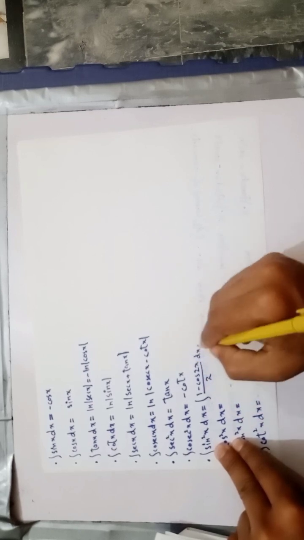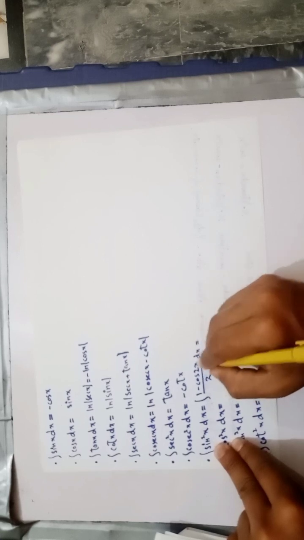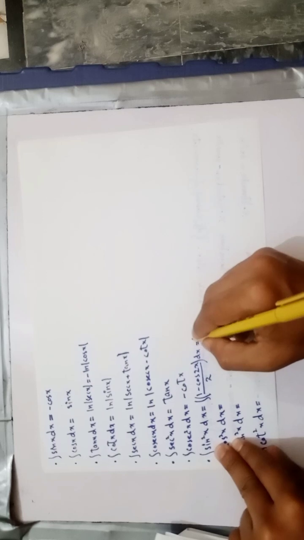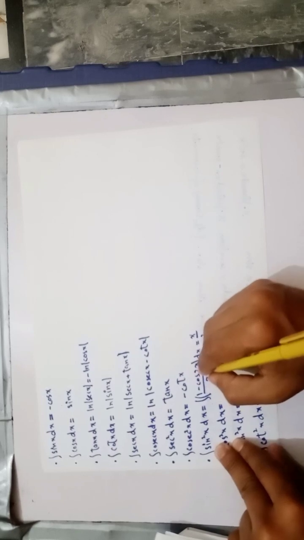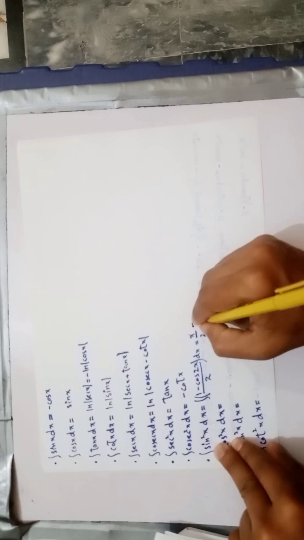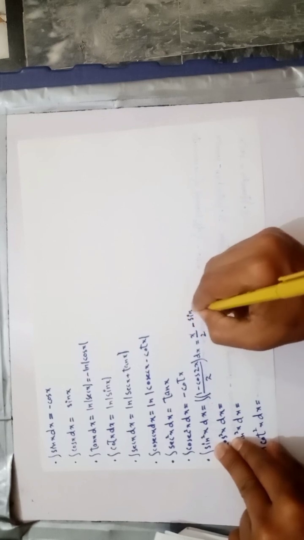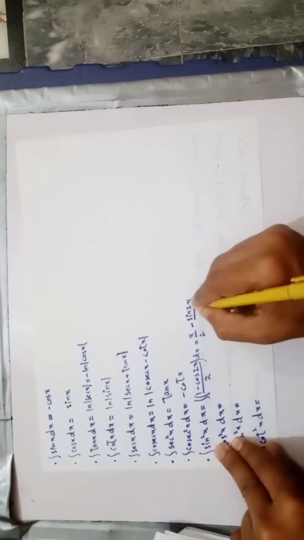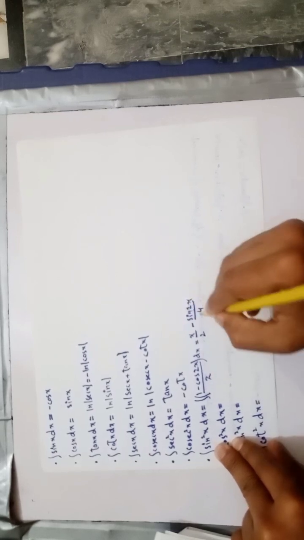So if we integrate that function, we can get our required answer, which is equal to x by 2 minus sin 2x over 2, and the 2 already present makes it 4.